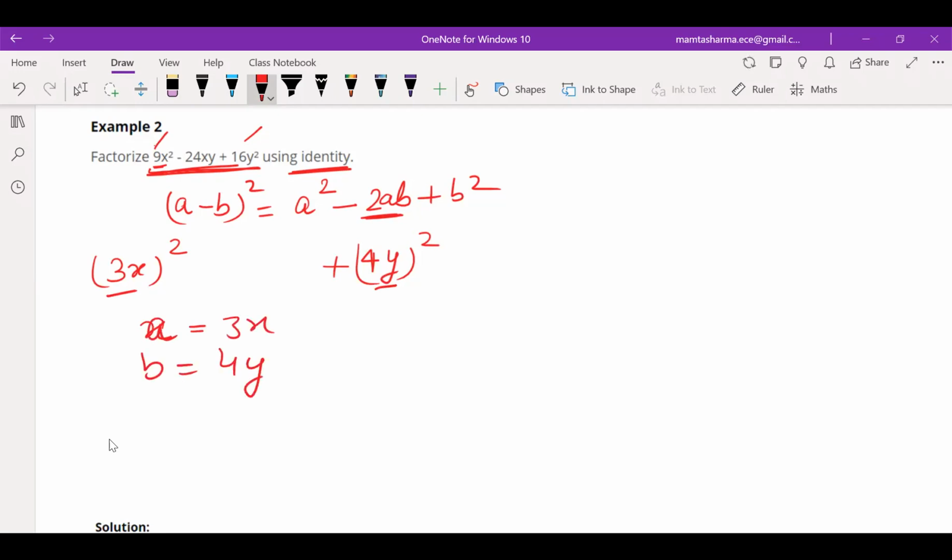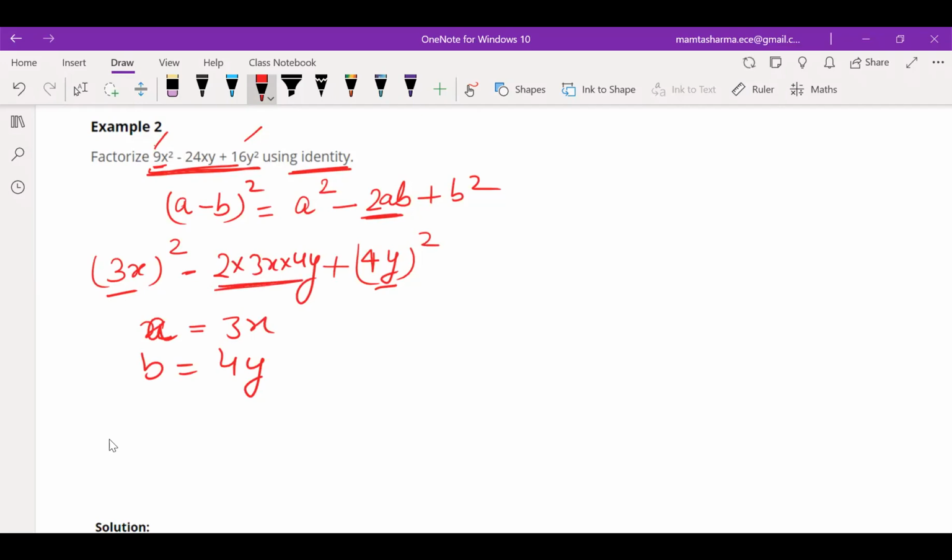If I multiply a and b with 2, am I getting 24xy? Multiply 2 into 3x into 4y: you get the same term, 24xy.